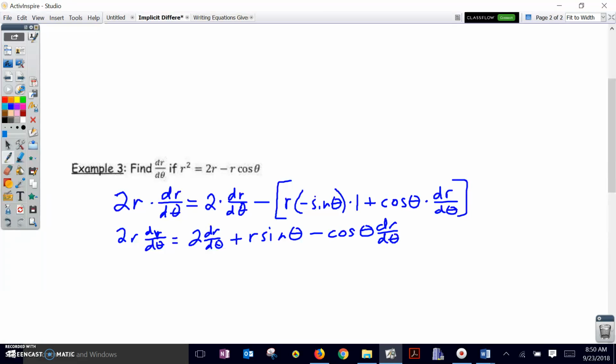Now I bring all my dr d theta terms to one side and all my non-dr d theta terms to the other side. So I'm going to subtract 2 dr d theta, and I'm going to add cosine of theta dr d theta to both sides. Gives me r sine of theta. I'm going to factor out my dr d theta.